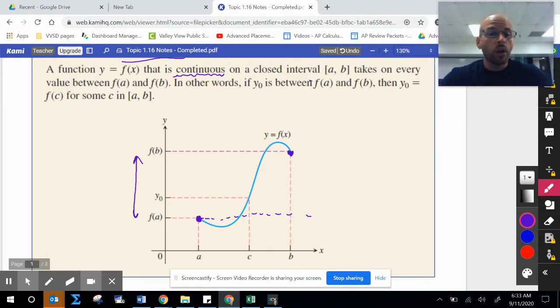Now, could it go through more? Sure. But a lot of times the functions that they give you are not going to be descriptive enough. The only thing that guarantees is that I will hit every output between f of A and f of B at some point between A and B. That's what this statement is saying.